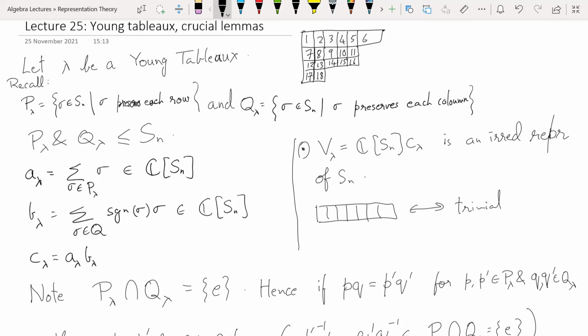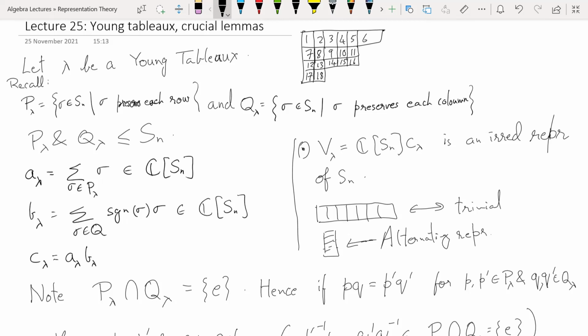And if it is the vertical one, then we saw that this is the alternating representation. And for S3, we saw this two-dimensional representation. So we did some calculation with some examples.